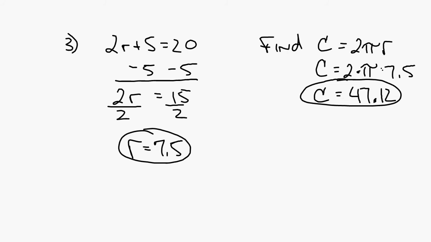Looking at your study guide, problems 4, 5, 6, and 7, those are on you. Those are definitions. A chord, a diameter, a radius, and the center of a circle. You're just going to have to identify those.